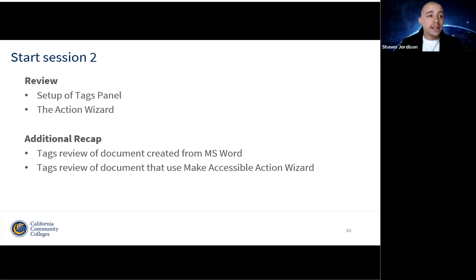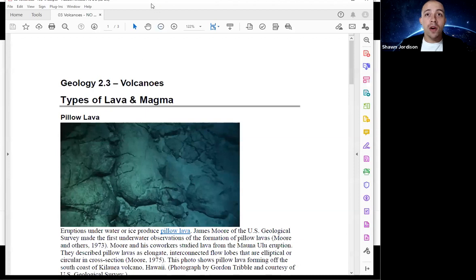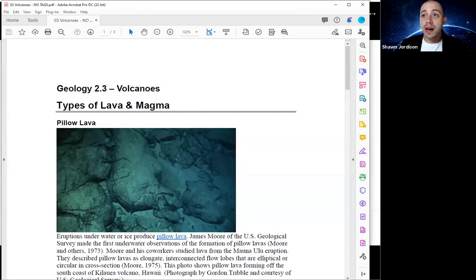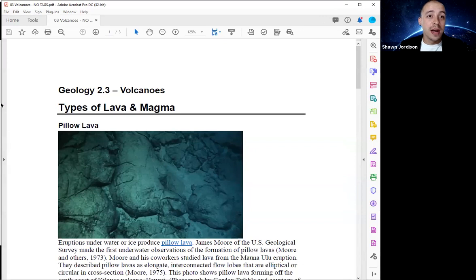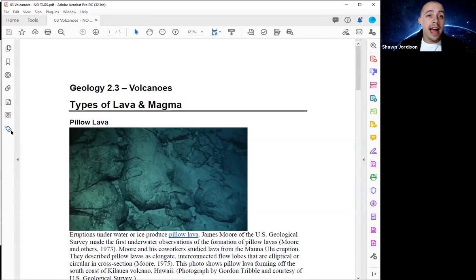So let's begin. The first thing I wanted to look at with all of you is a recap of viewing the tags panel. So I'm going to open a sample document, and all I'm going to do is make sure I can get to the tags panel. We'll do this again later, but I'm going to expand my left-hand menu here. There is a small column of options I can choose.